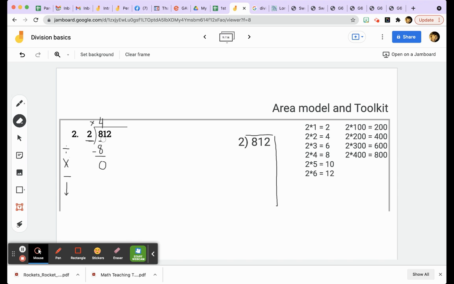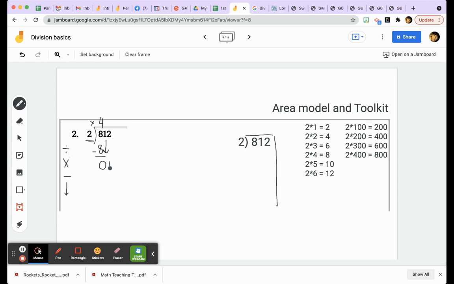I'm going to erase this here so it doesn't look like either a subtraction sign or something else. And I subtracted. 8 subtract 8 is 0. I'm going to bring down the next number.